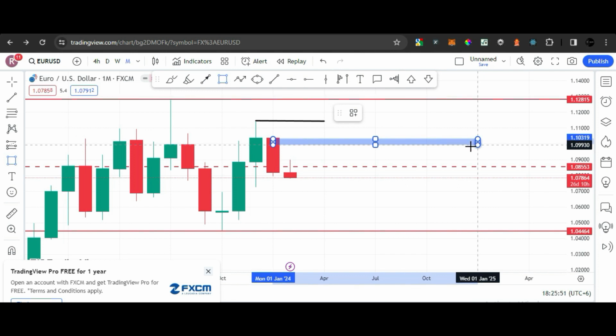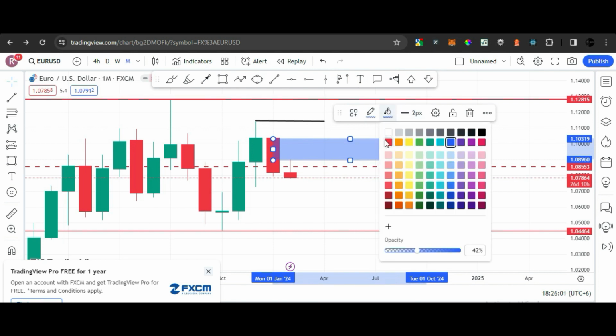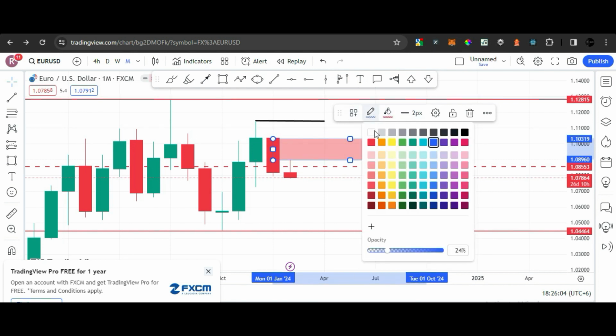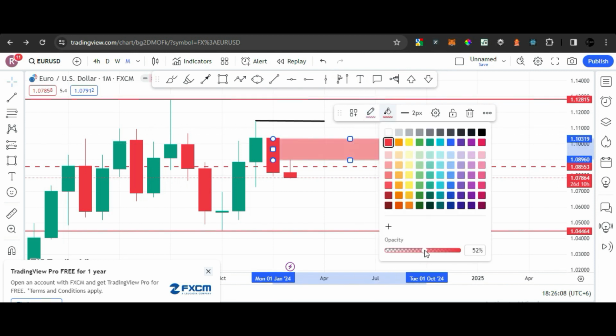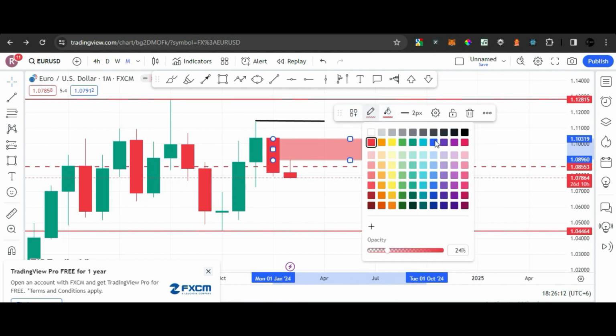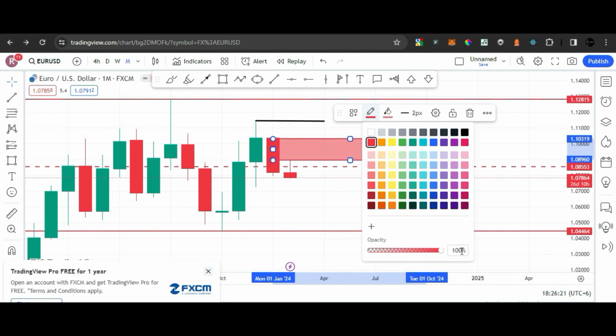the liquidity or the imbalance in the market. So this is the imbalance that has been created so far in the market. This is one imbalance, and I want to put it in red, a little bit heavier red, a little bit deeper.